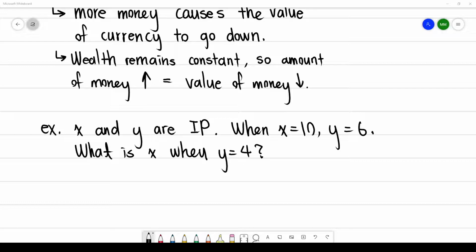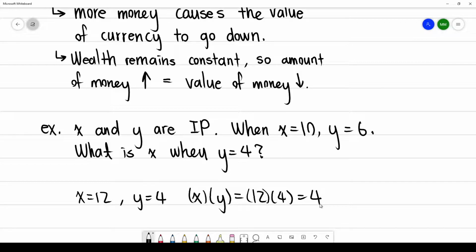So if the answer is 12, right? Then if x is equal to 12 and y is equal to 4, then x times y is equal to 48. So 12 times 4 is equal to 48.